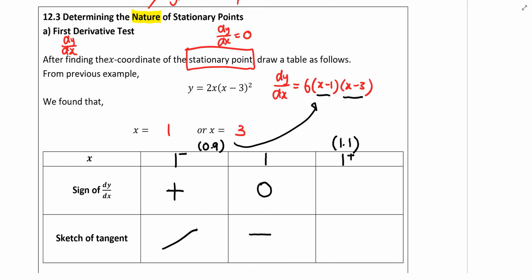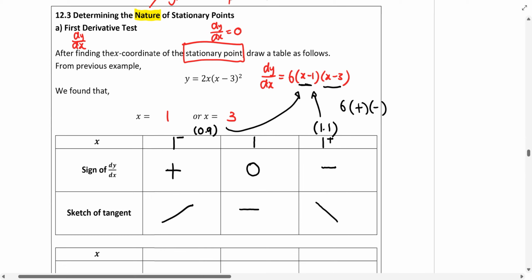Again, substitute 1.1 into dy/dx, or just infer: 1.1 minus 1 is positive, 6 times a positive number, and 1.1 minus 3 is negative, so you will get a negative value. You don't need to know the exact value, so we can do inference. When dy/dx is negative, the tangent goes downwards.